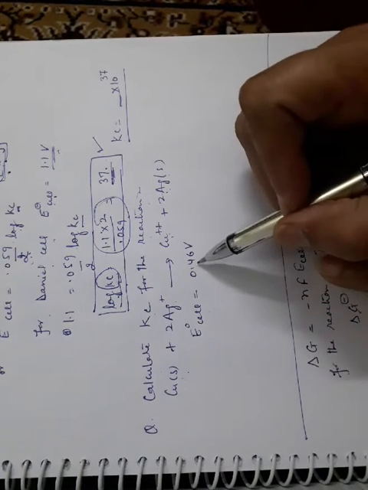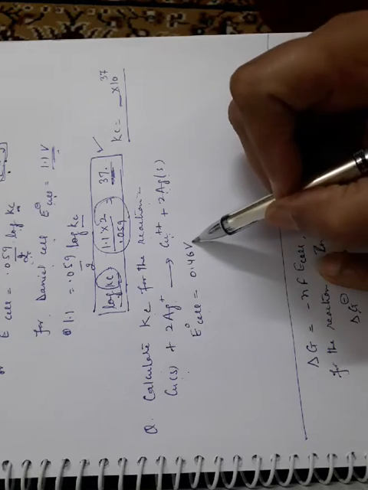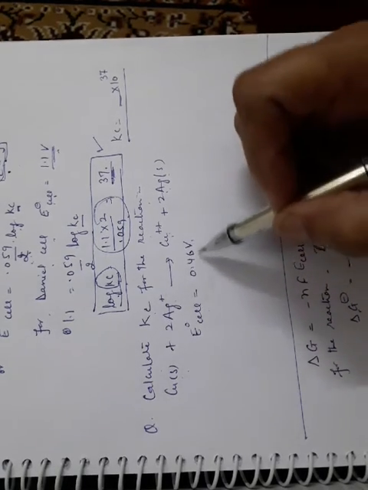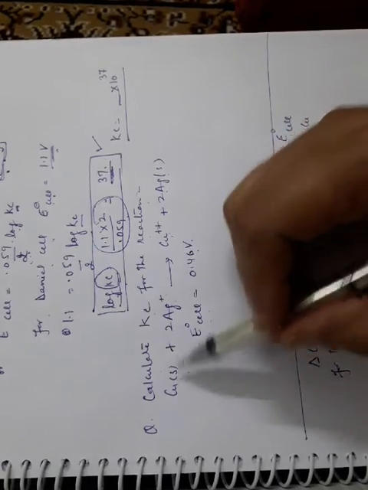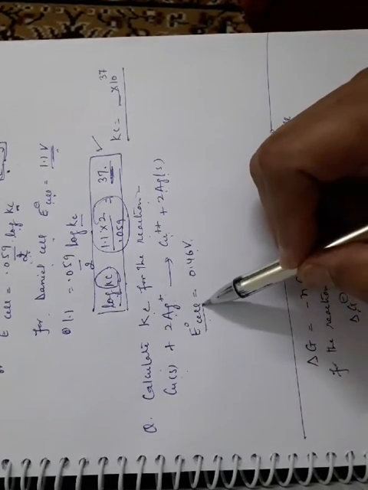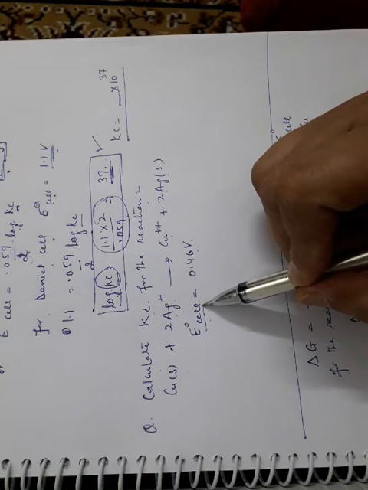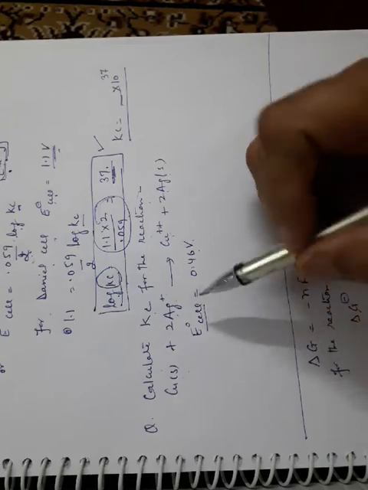E naught cell is also given, 0.46 volt. If we are not given that and are instead given separate electrode potentials of the different electrodes, then we are able to find E naught cell as E naught cathode minus E naught anode. That might also have been given in the question.